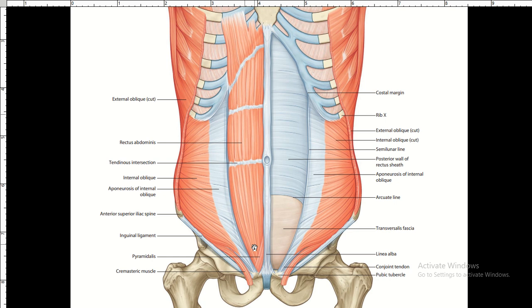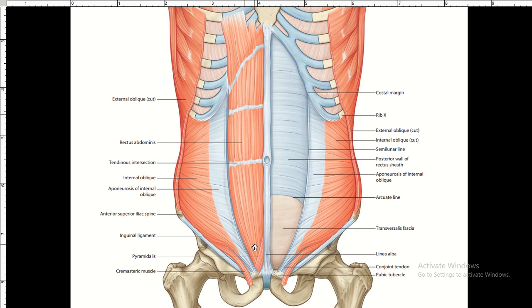In the anterior wall, they are responsible for flexion of the abdominal wall. In the lateral wall, those three muscles are innervated by T7 to T12 together with L1.